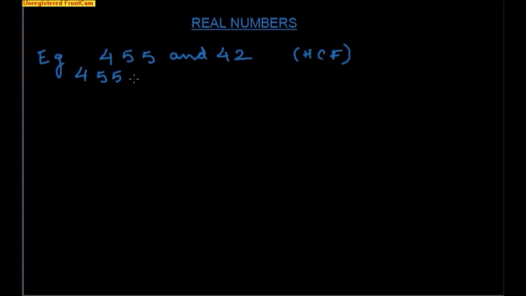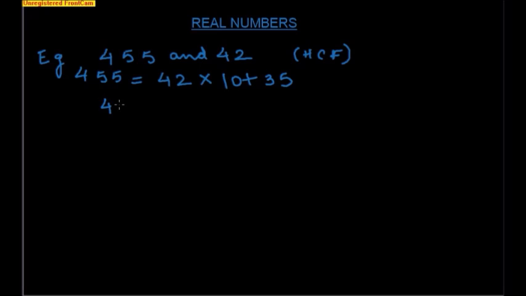We write the bigger number here, the smaller number out of the two here, into something which will give me a remainder. That means I multiply 42 by some numbers so that we have a remainder, or we may not have a remainder. I multiply 42 by 10, the remainder comes out to be 35.